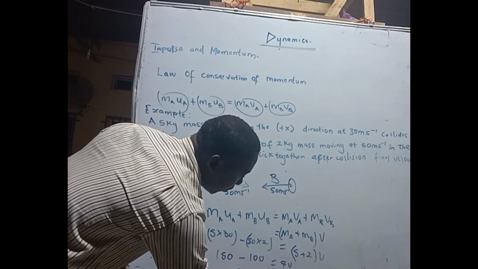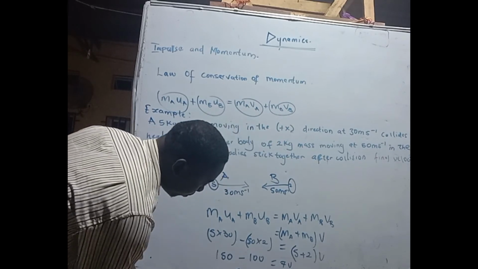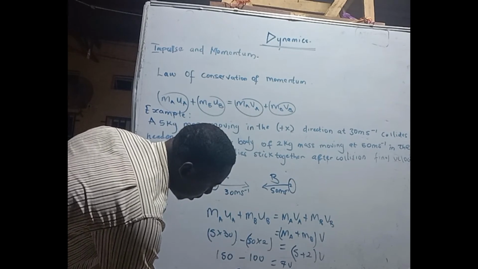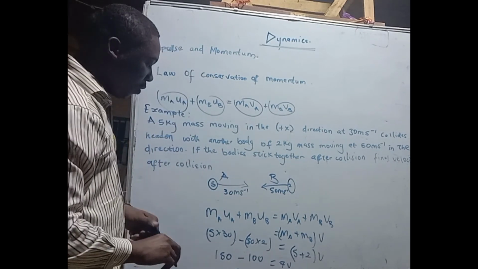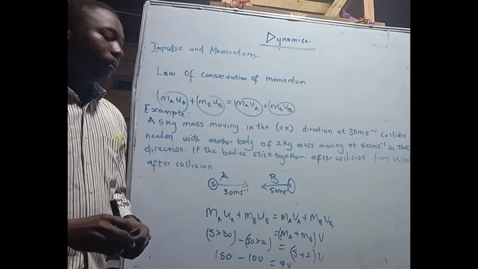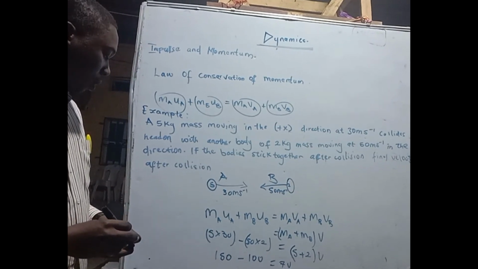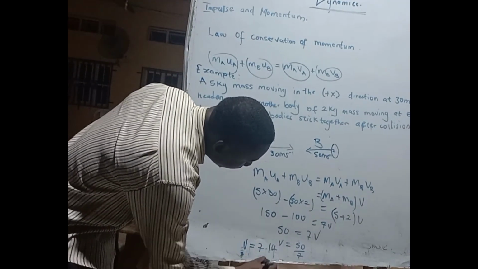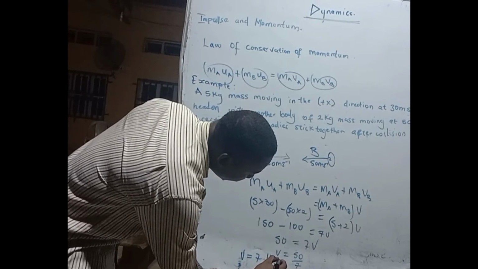So 50 over 7 is equal to 7.1, that's 7.14 meters.